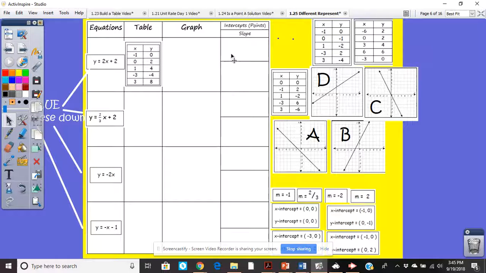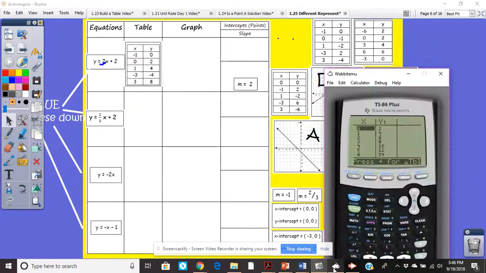Now to do the slope and the y-intercept, so the slope, remember, is always the number that's attached to the x. So we know on this one that the slope is going to be a positive 2. And then we need the intercepts. So again, you can do this from your table. Your y-intercept is going to be where x is 0.